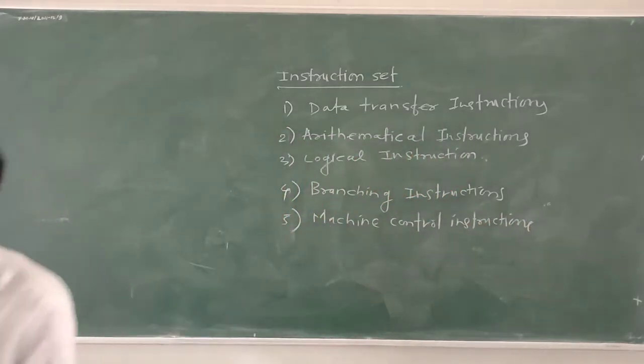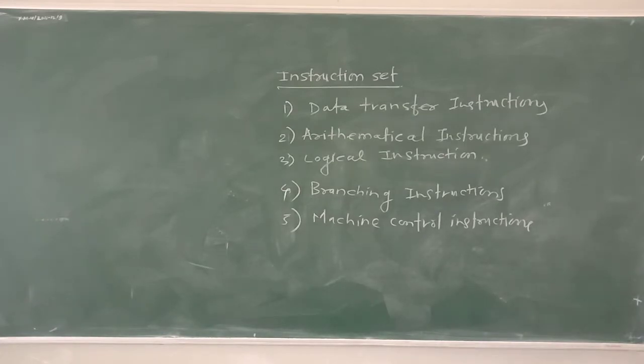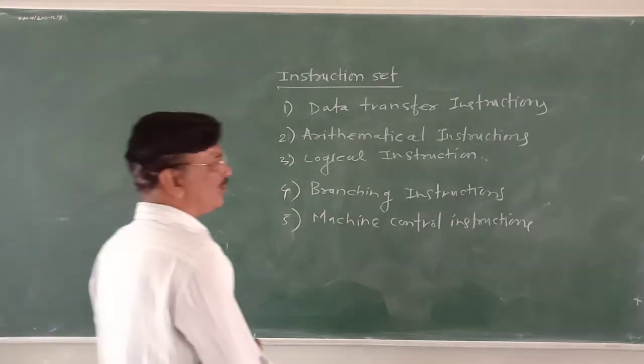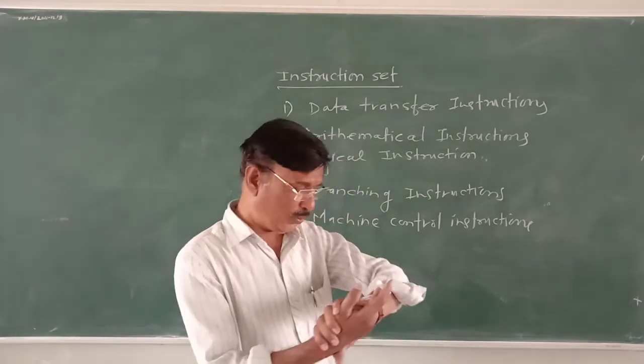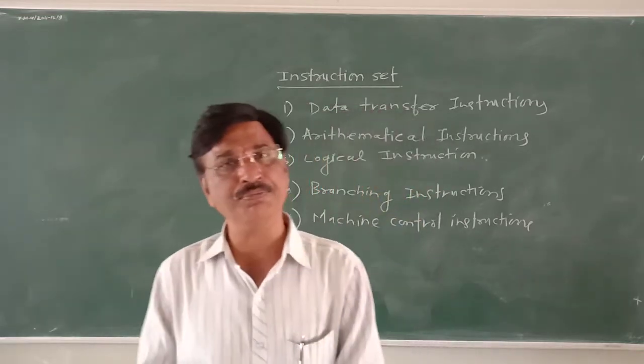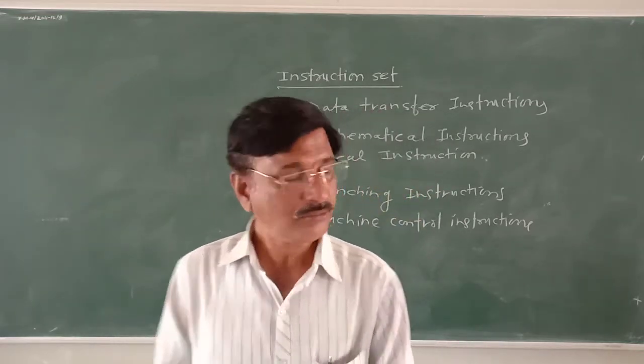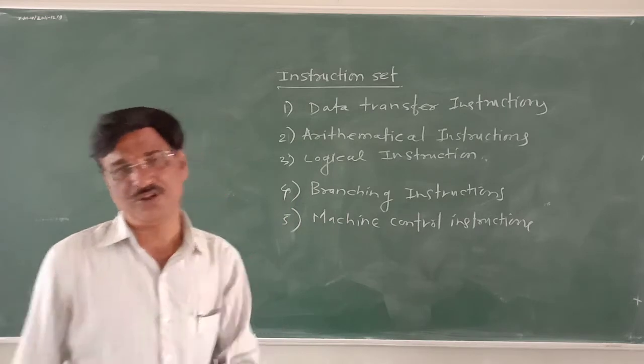Now look at the types: data transfer instructions, arithmetical instructions, logical instructions, branching instructions, machine control instructions. So in this chapter number 2, instruction set and programming of 8085, we are going to see these 5 types of instructions.